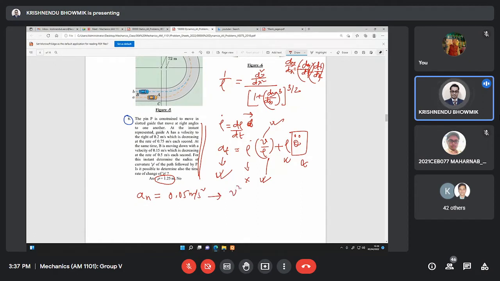We related that to v squared by rho, where v was the tangential velocity, 0.25 squared by rho, and from this we calculated rho equal to 1.25 meter. And we showed that this AT was some value, minus 0.9 meter per second square.